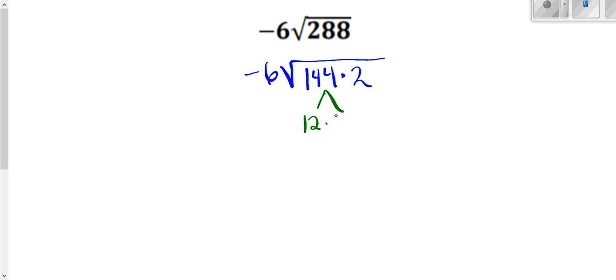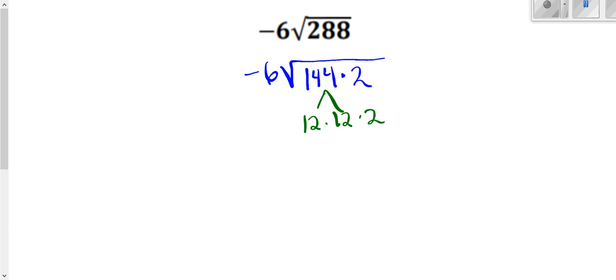Okay, negative 6 square root of 288. So I'm going to have my negative 6. And in my radical symbol, I divided by 2 again. So 144 times 2. And this time that helped me. Dividing by 2 was exactly what I needed.